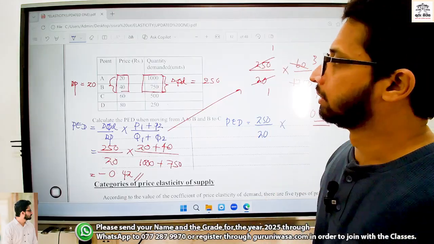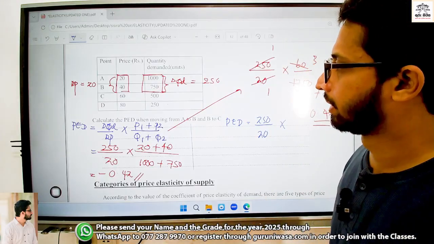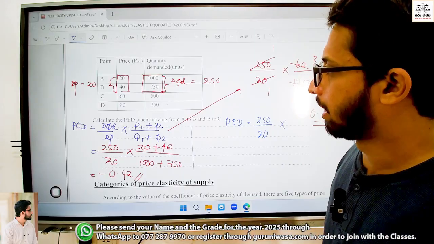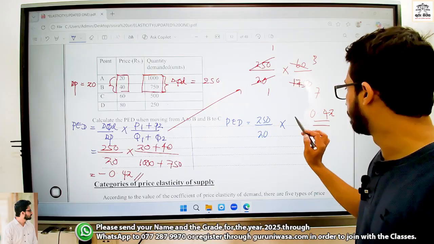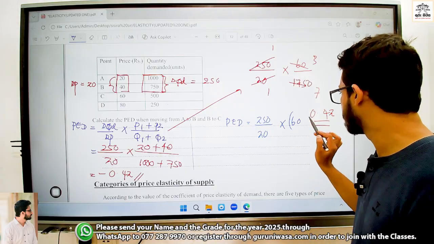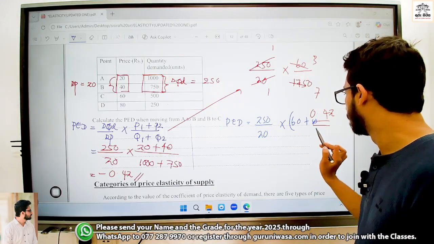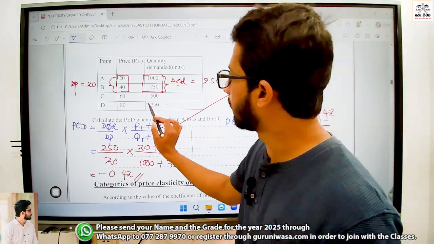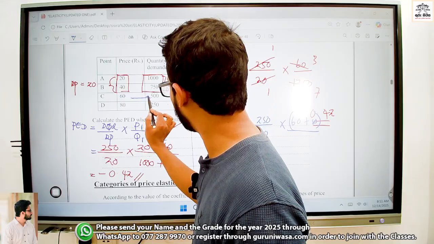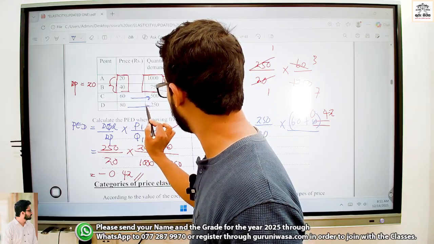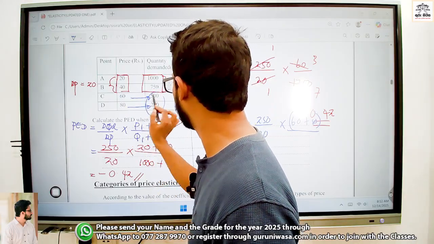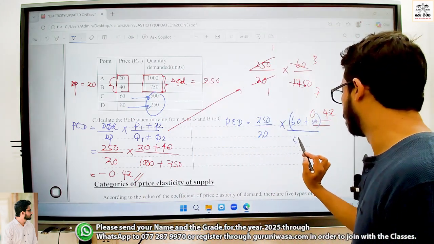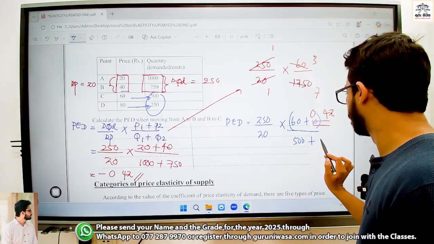Now the two prices are 60 and 80, divided by, at price 60 demand is 500, at price 80 demand is 200.